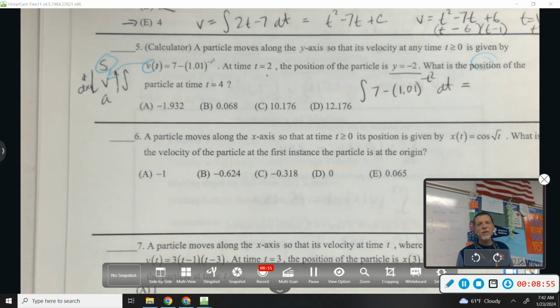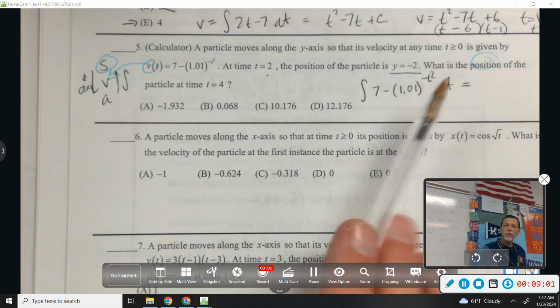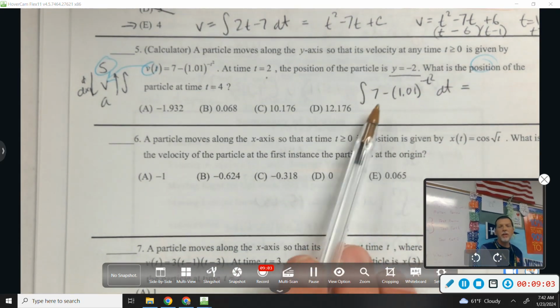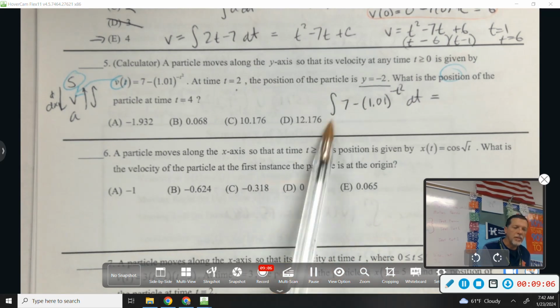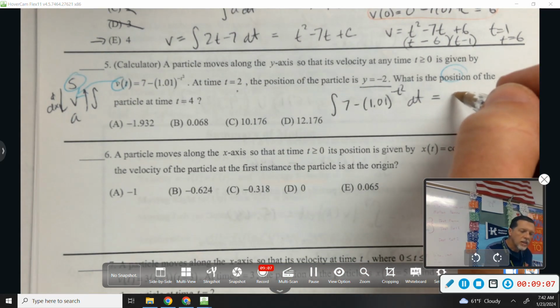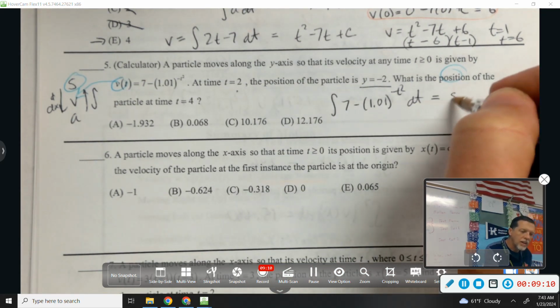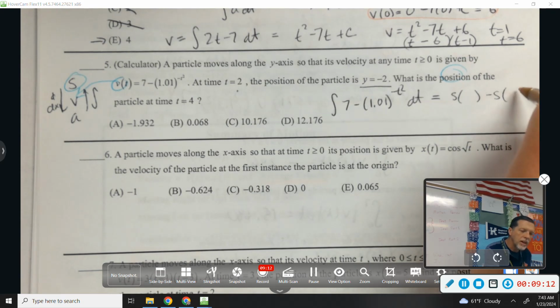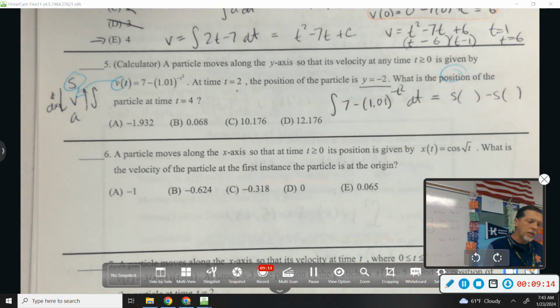Now, on the last one, I had to integrate by hand, and I didn't know limits. This one, I hope, I've got a calculator, which means I can do this in the calculator, but that also means I need limits on there. So this would be s of something minus s of something else. What are the somethings?